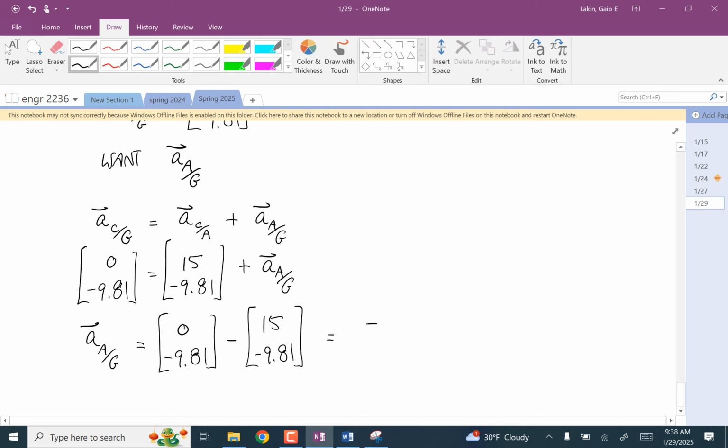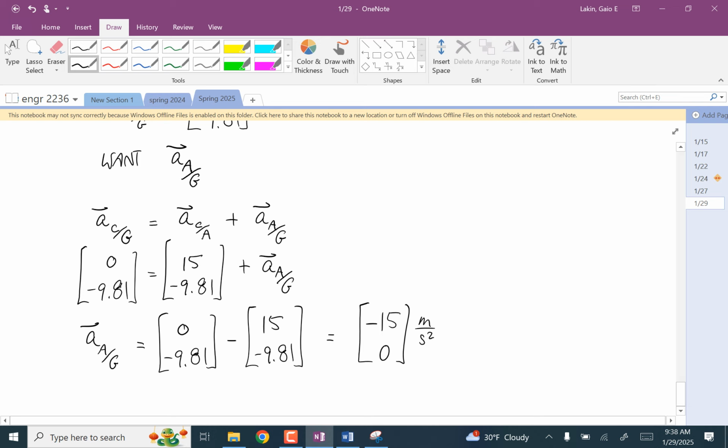And that is negative 15, 0. So it looks to you like the cup accelerates forward. What's really happening is the car is accelerating backwards.